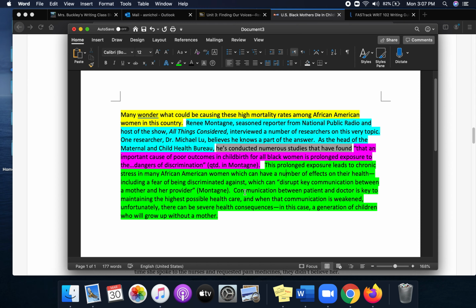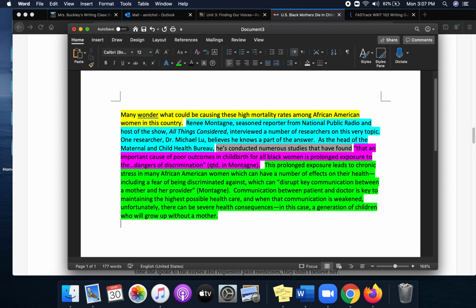And then I say here, communication between patient and doctor is key to maintaining the highest possible health care. And when that communication is weakened, unfortunately, there can be severe health consequences. In this case, a generation of children who will grow up without a mother. Okay, so this is just one paragraph.